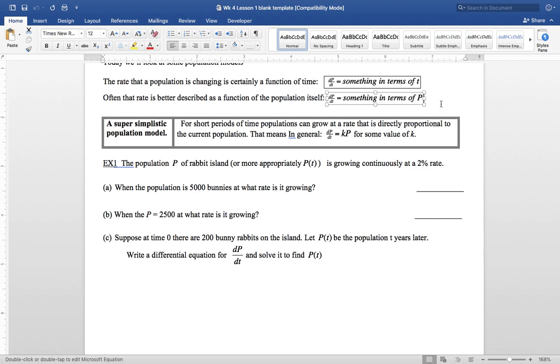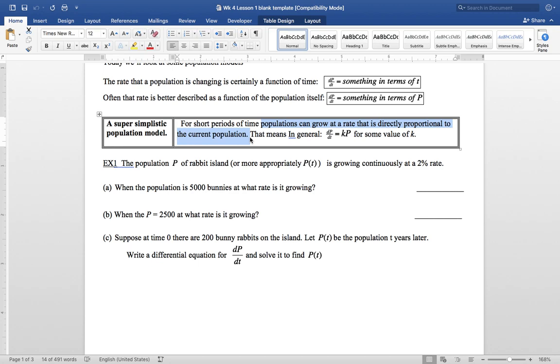Now, often what we say is the following. We say that the population is growing at a rate that is directly proportional to the current population. Now, I just want to take a moment to unpack what that means and why it might be plausible in the real world.